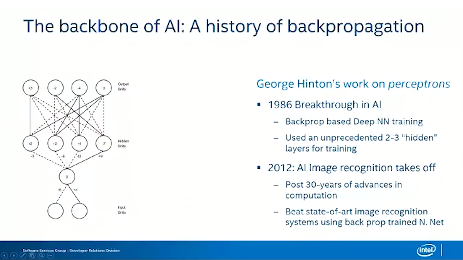Until then, it was really thought that these neurons, while they had a facsimile of mimicking the human brain, didn't really have the compute capability at the time to realize the power of a neural network. And one really critical element was missing that Hinton's work on perceptrons solved.